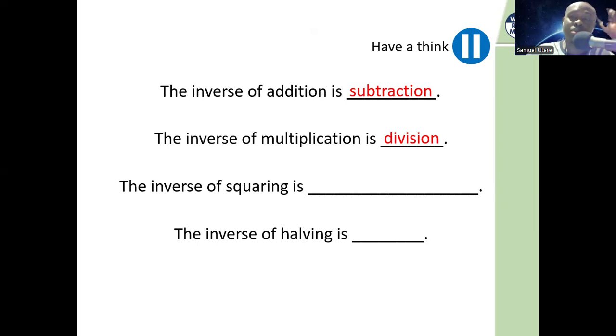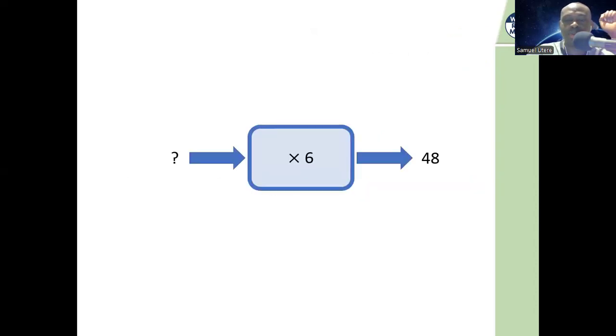So you really need to know inverse operations. The inverse of squaring something is to find the square root. And the inverse of halving something, guess what? If you notice, the last question on your retrieval practice is to double. The inverse of halving is to double.